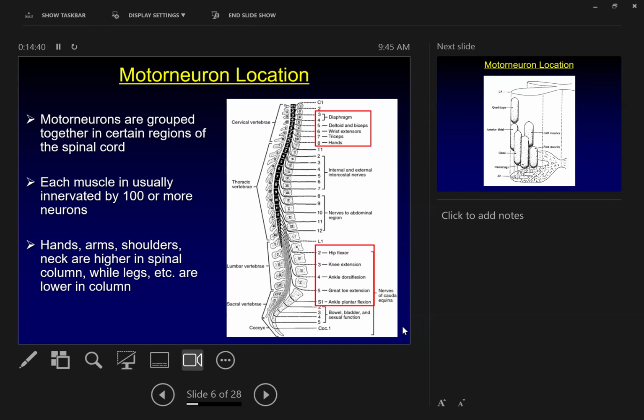Okay. And they tend to run from cervical down as it relates to where those muscles are in your body. Okay. So let's just say higher ones at like C3, C4, C5 are upper body motor neurons. Now, interestingly, you will note that the diaphragm is actually at like C3 and C4.